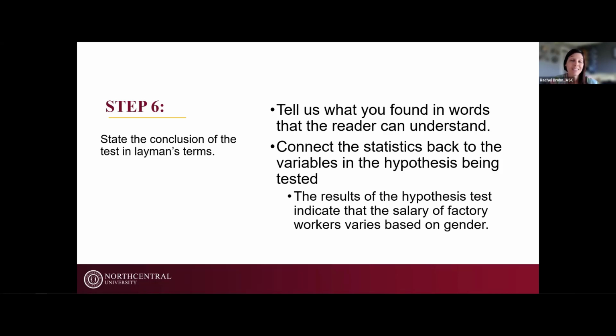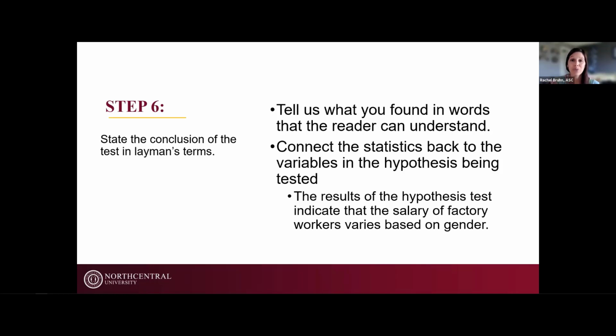And for some tests, like a t-test, it's as simple as what I just said. Something along the lines of saying that there is a difference and that this group is greater than or less than this group. With other tests, like an ANOVA or a two-way ANOVA, this interpretation could be a little more complex. It's not just a simple direct answer.